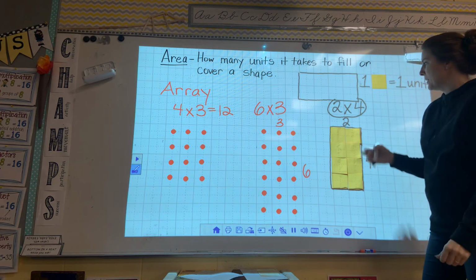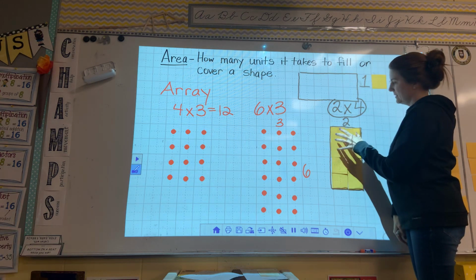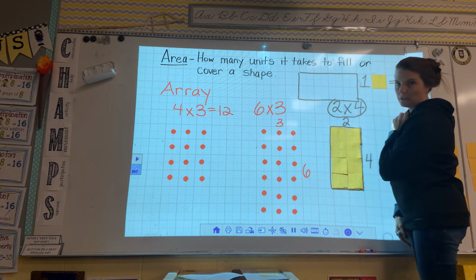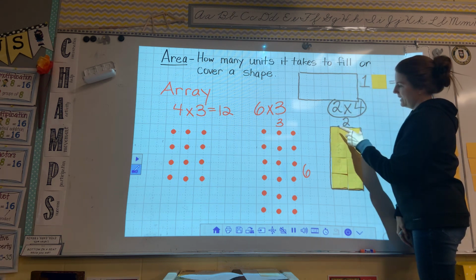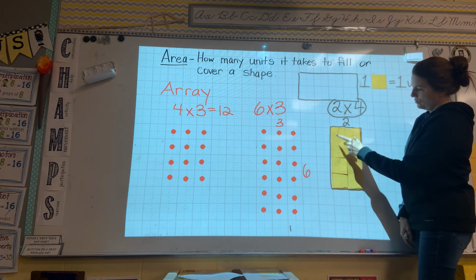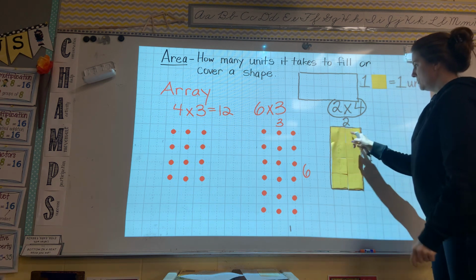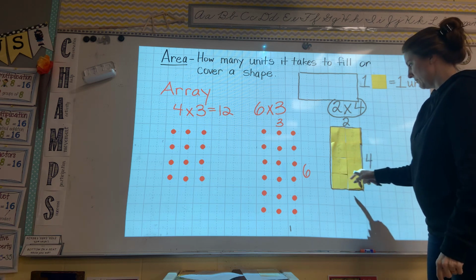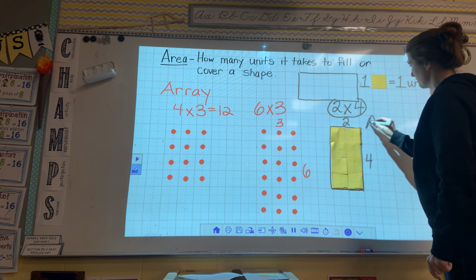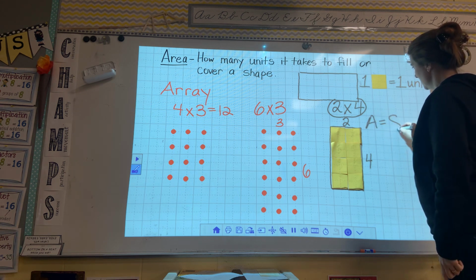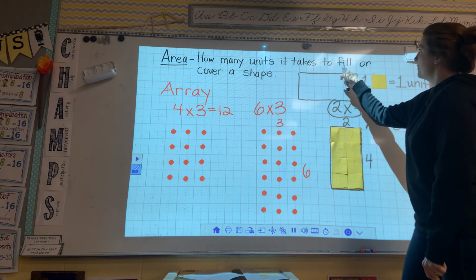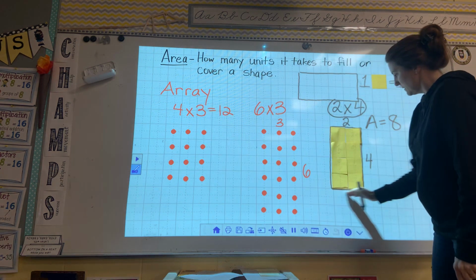Either way will work, because we're talking about how many units it takes to fill or cover that shape. It takes 2 4 times. 2, 4, 6, 8. 1, 2, 3, 4, 5, 6, 7, 8. So the area of this shape is 8. It takes 8 units to fill or cover this shape.